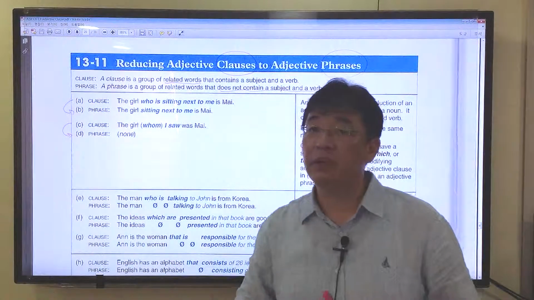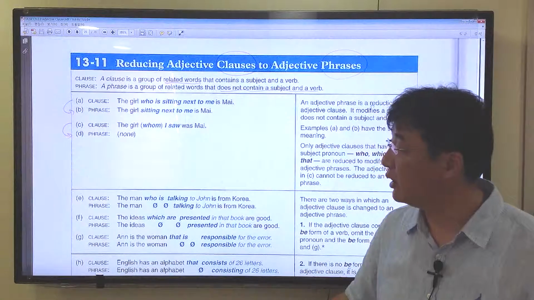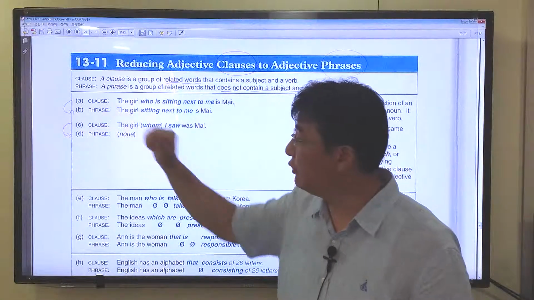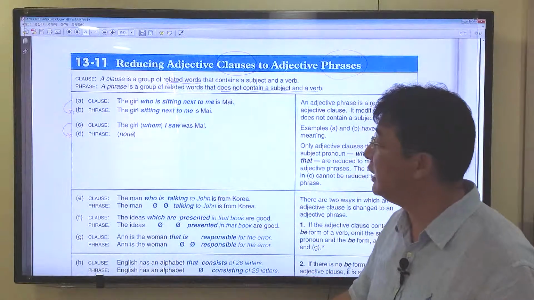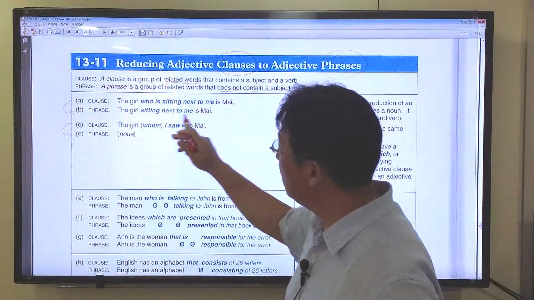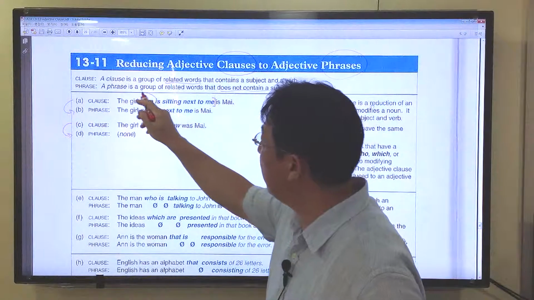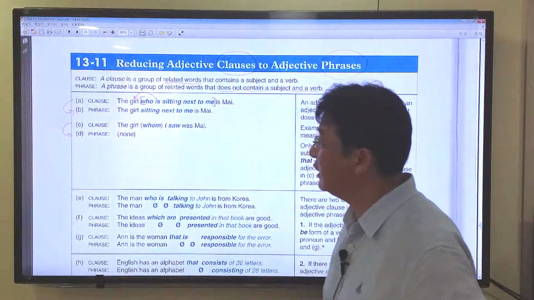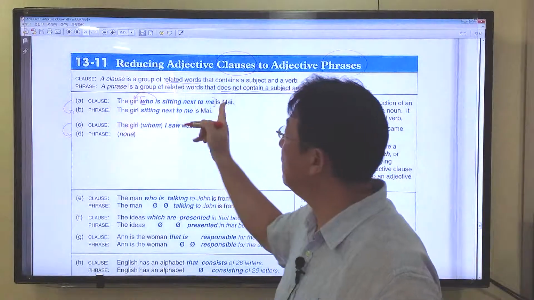Okay, let's find out whether there are any rules or certain frames we need to follow to convert from clause to phrase. 자, original sentence says: the girl who is sitting next to me is May. 그죠? So the part written in blue ink is an adjective clause modifying the noun preceding it. 그래서 내 옆에 앉아 있는 그 소녀는 May이다 이 말이죠.